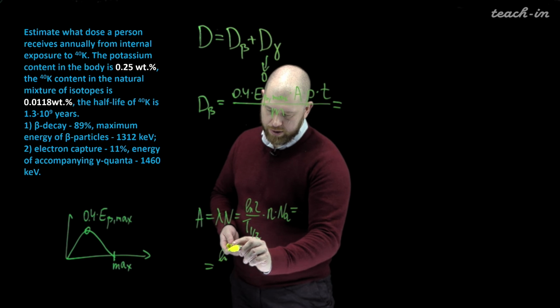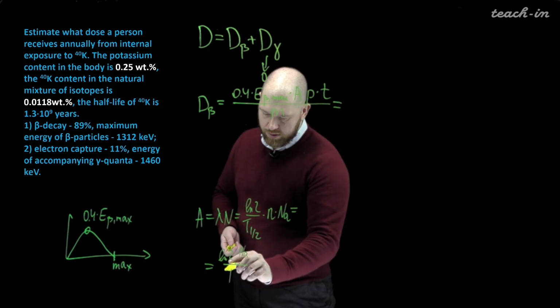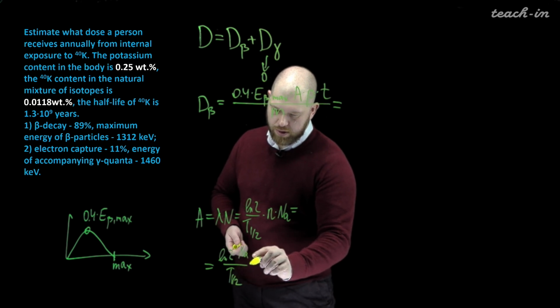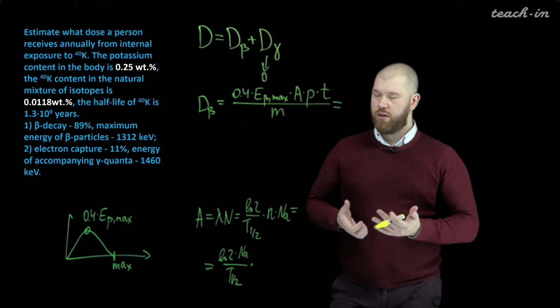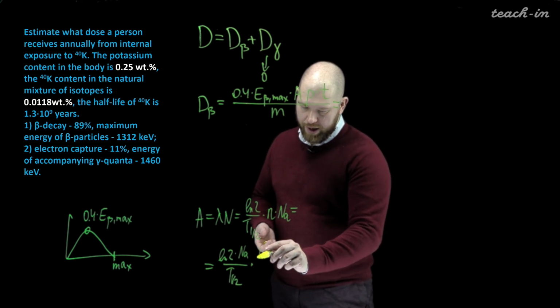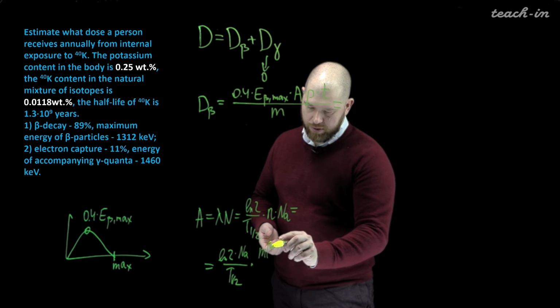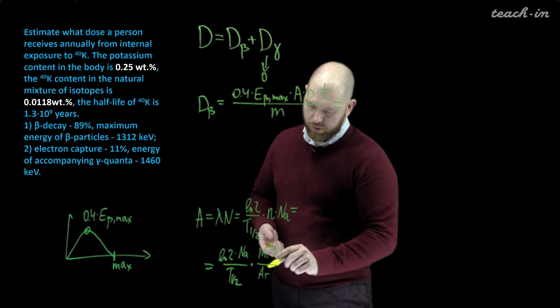So let's write it here. So Avogadro number. The amount of potassium-40 is the mass of potassium-40 specifically divided by its atomic mass.